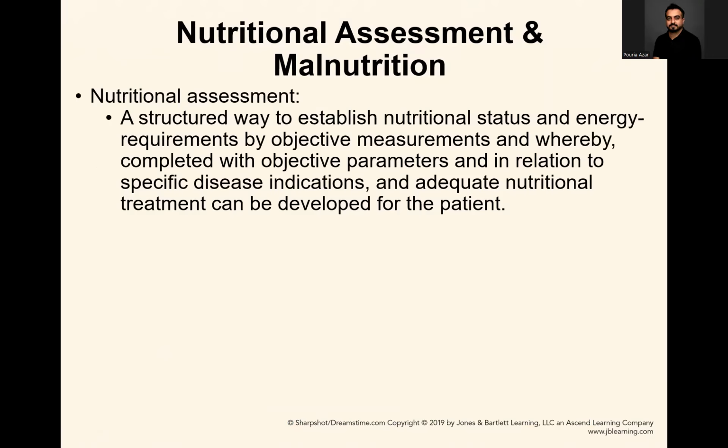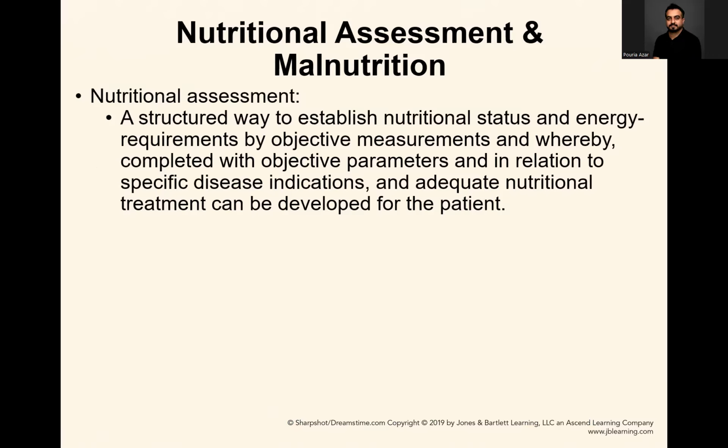So, nutritional assessment and malnutrition. As I said, if you read the textbook, you will come across different definitions of nutritional assessment, nutritional screening, and malnutrition. Here, I try to mention all in PowerPoint slides, but you will find some similarities between definitions.